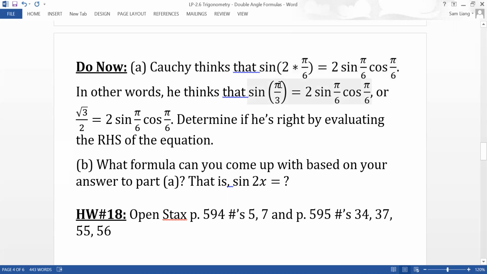So 2 times pi over 6, that's pi over 3. And then if you simplify the left-hand side of the equation, you're going to get root 3 over 2, right? Sine of 60 degrees, that's root 3 over 2. And we're going to determine if he's right by evaluating this side, okay? And then part B will come up with a formula. All right, if you need to copy this, please pause the video here. Otherwise, I'll get back to the solution.